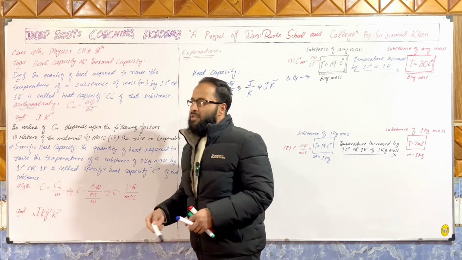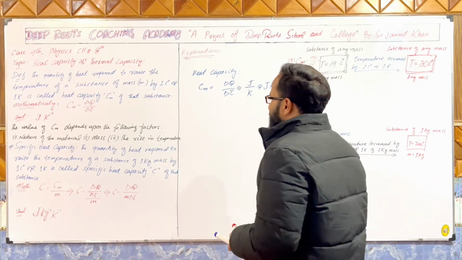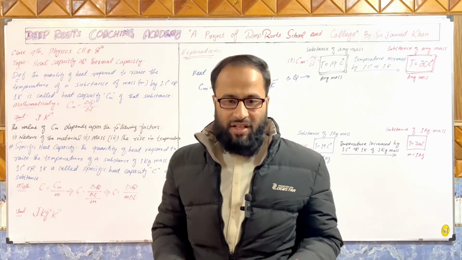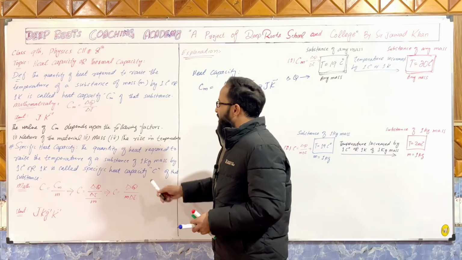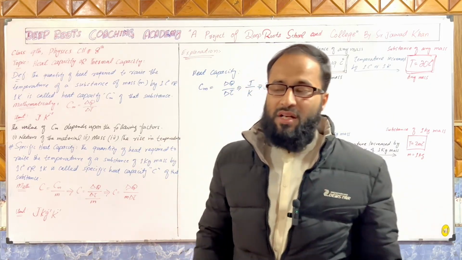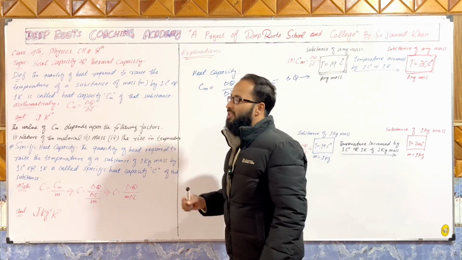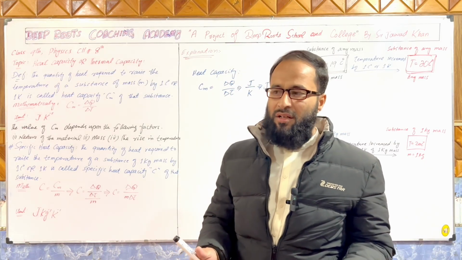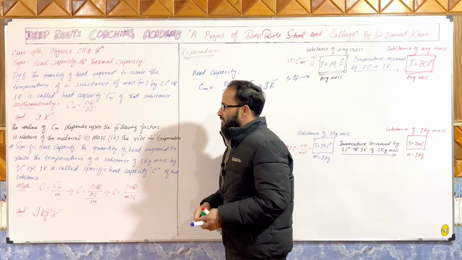Mass: if we have 2 kg mass, the heat capacity will be according to 2 kg mass, and if we increase or decrease the mass, the heat capacity will be according to that mass. And the rise in temperature: similarly, the rise in temperature is also another factor upon which the heat capacity depends, because when we increase or decrease the temperature, the heat capacity will be affected by that factor as well.